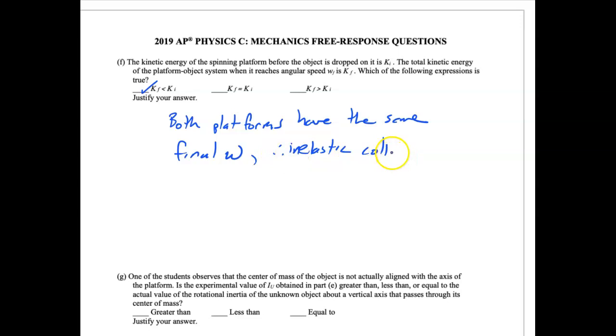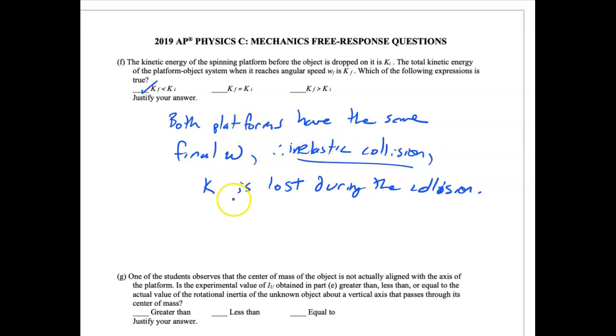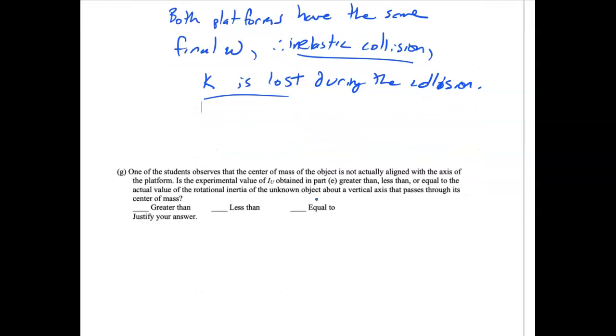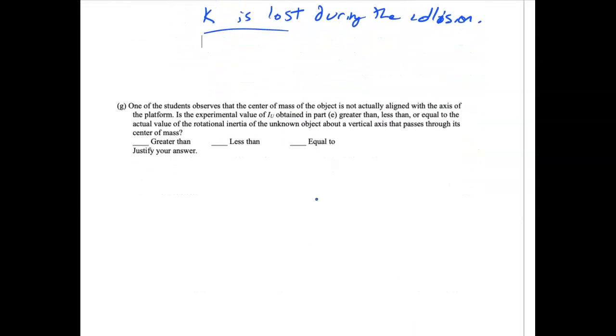It is an inelastic collision, and kinetic energy is lost during the collision. Because it is inelastic, we know that you have to lose kinetic energy. So you can fall back on what we did in energy to kind of help you.